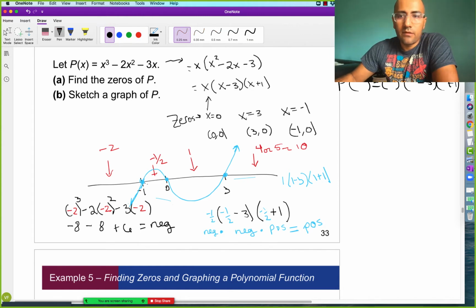So that's the same thing. P of this is the same thing as something cubed minus 2 times something squared minus 3 times something. Okay. So we plug in a -3 and we ended up with -8 minus 8 makes it -16. This ends up giving me -10.